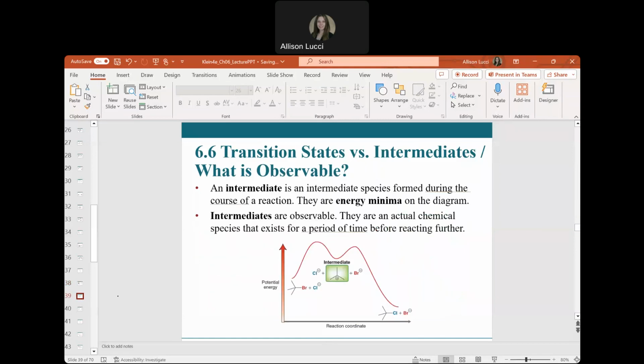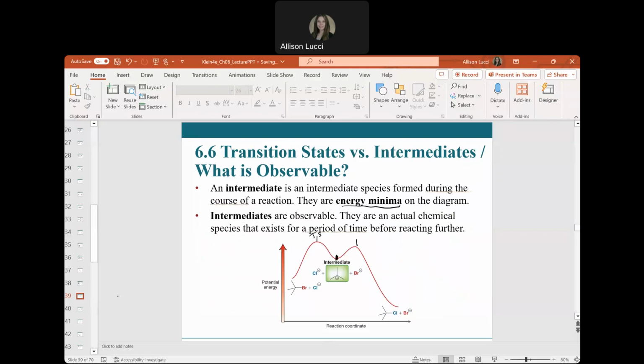So here we see both our transition states at the peaks here, and we also see this minima on our curve before we get to products. And this indicates an intermediate. So these intermediate species form, and they're represented at these energy minima on the diagram, so the low points.